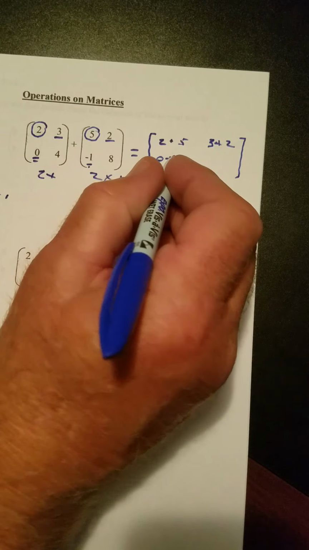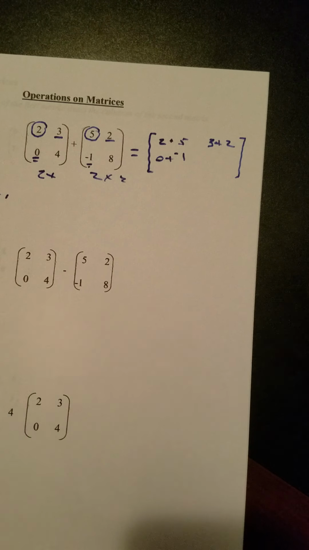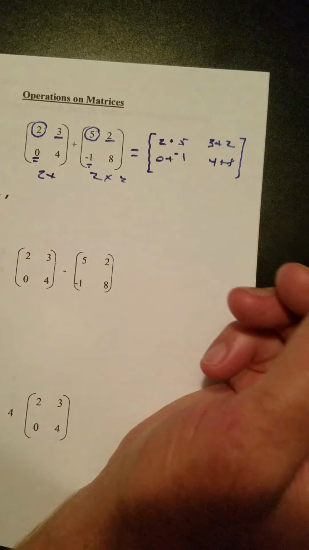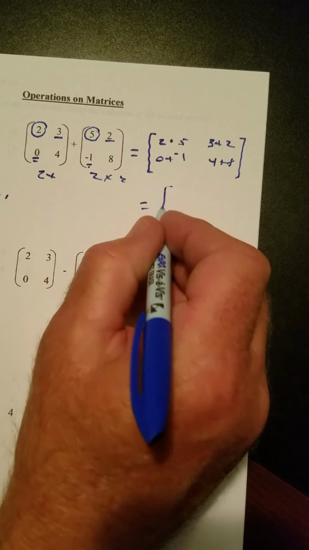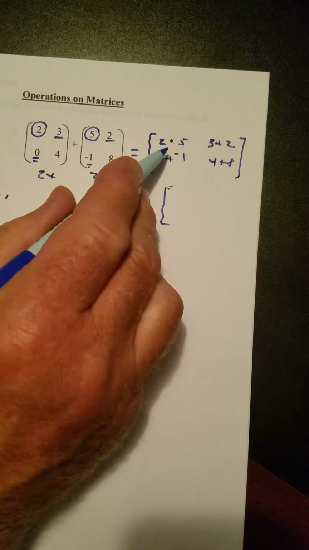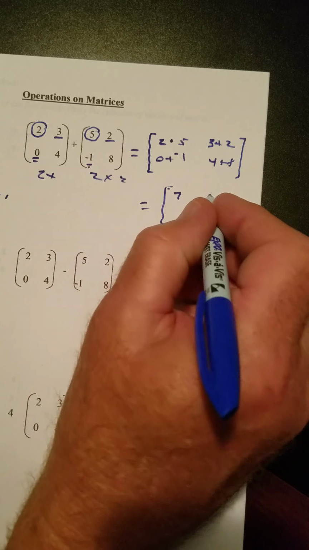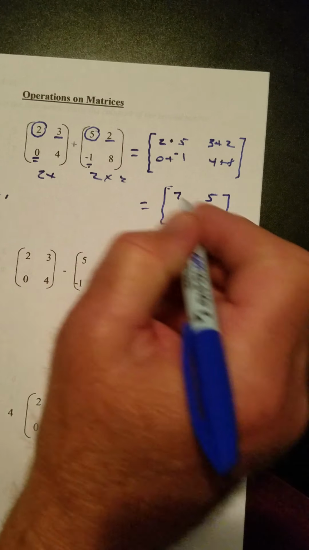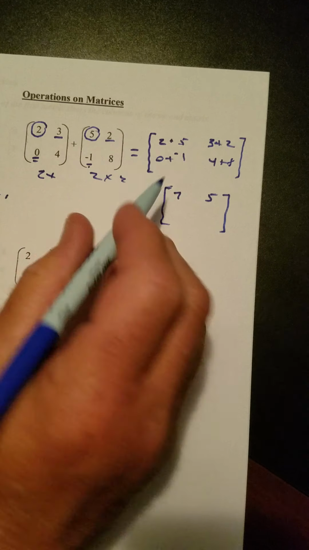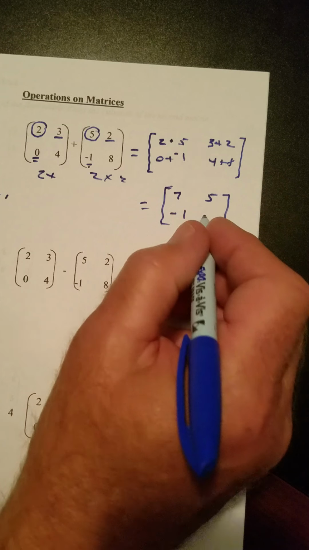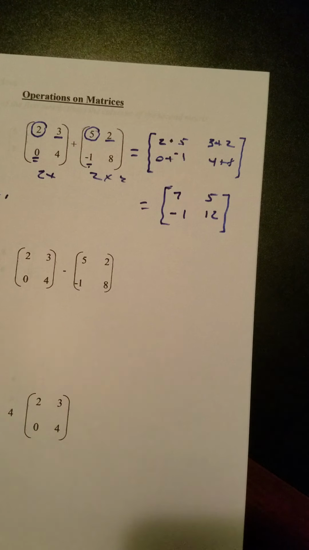So 0 plus negative 1. So all I'm doing, I'm just adding the corresponding entries. And then I got 4 plus 8. And then, as you would guess, we would simplify that down. So 2 plus 5 is 7. 3 plus 2 is 5. 0 plus negative 1 is negative 1. And then 4 plus 8 is 12. That's my answer.